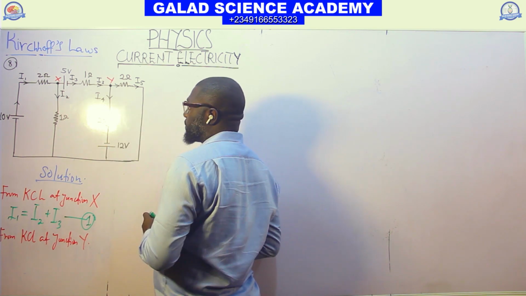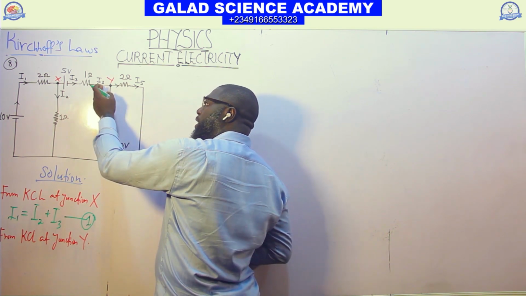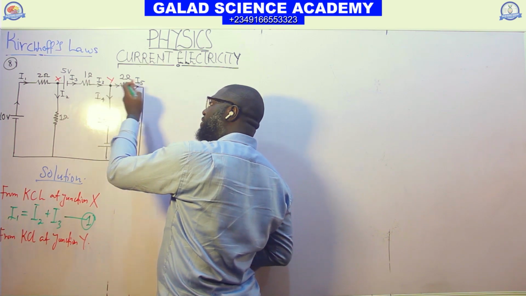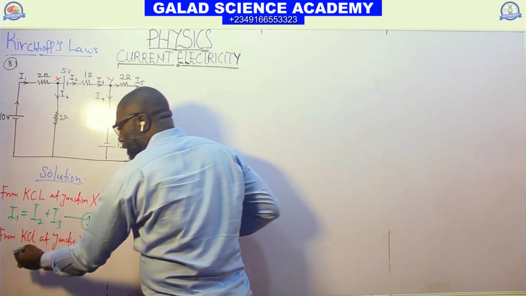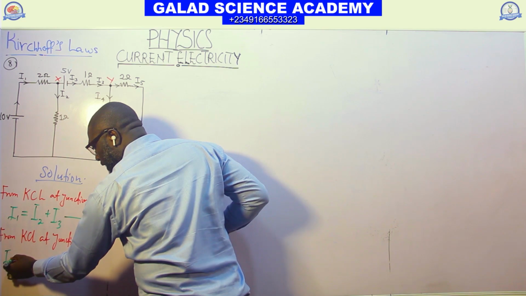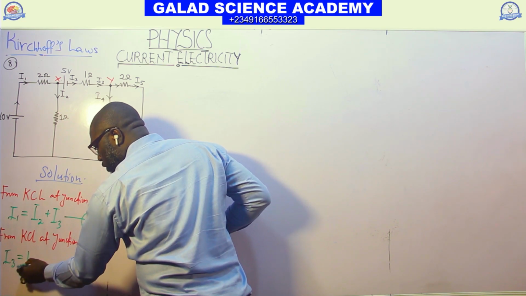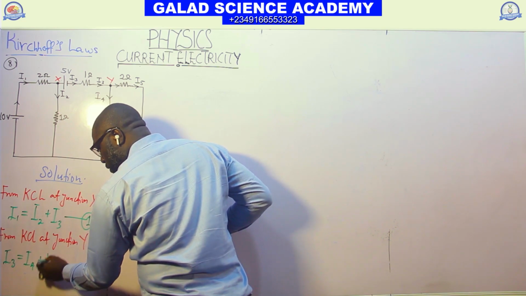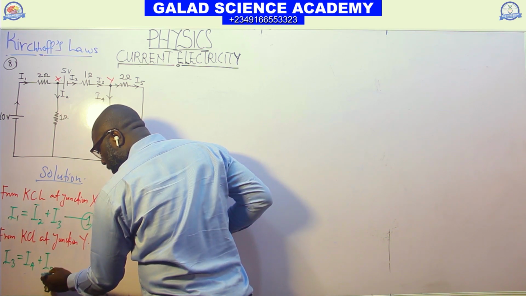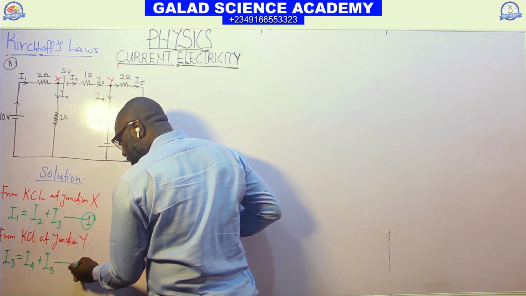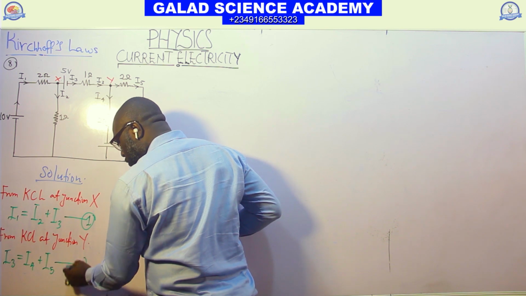This point. The I3 is going in, I5 and I4 leaving. We can have I3 is equal to current I4 plus current I5. This is equation 2.